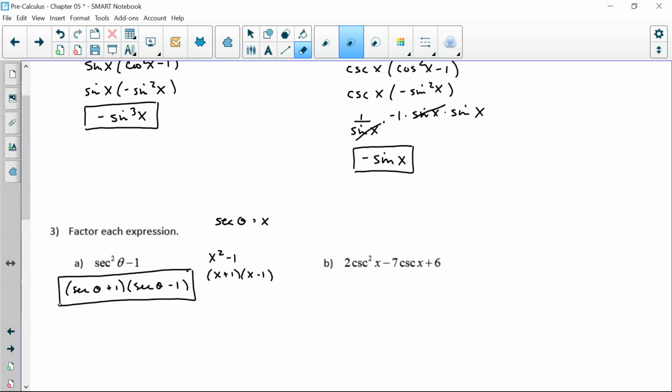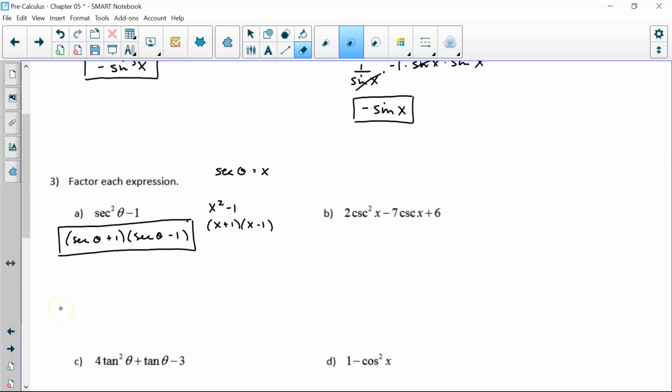For B, kind of a similar problem. Instead of writing cosecant of x, I'm going to make that just a y. I just want to use different variables. So what we have here is 2y squared minus 7y plus 6. And we're going to factor this quadratic. So when we do that, we have a 2y and a y.